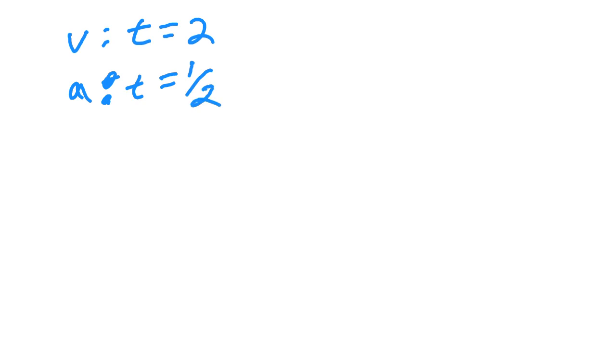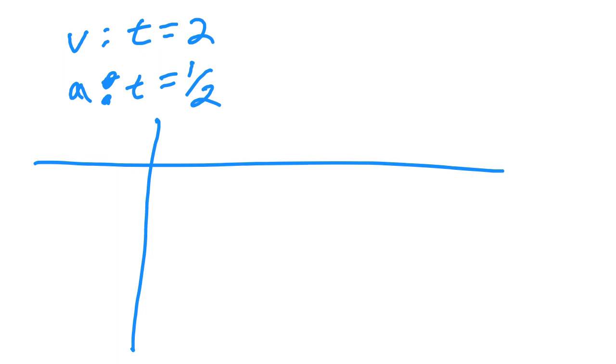Okay. And then I'm going to show you one more thing about putting it all together. So what were my critical numbers? For velocity, we had t equals 2 as a critical number, right? For acceleration, we had t equals 1/2 as a critical number, right? Yep. I could do a chart that splits it up using both of these.